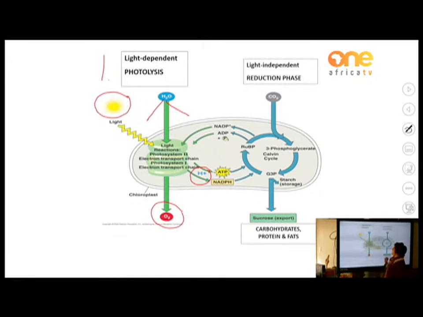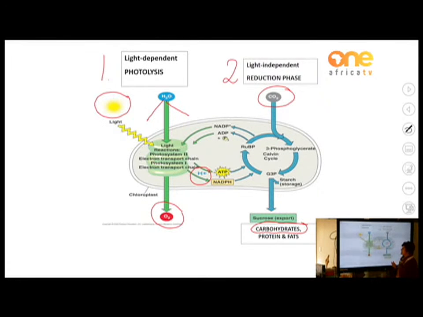Now, we are also going to look at the second phase where carbon dioxide is reduced to form carbohydrates. That is the light independent phase. This phase does not need light.